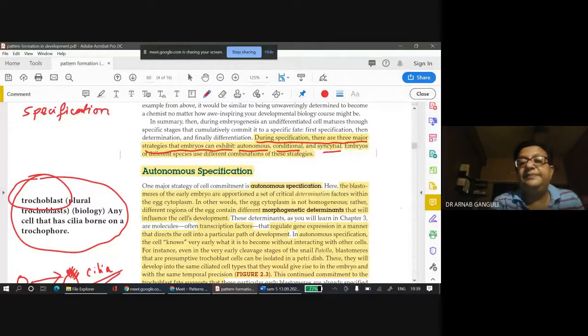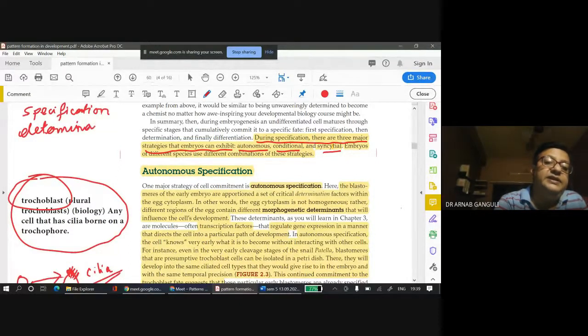Specification. Then the next step is determination. They are determined. And finally the marriage, or differentiation.